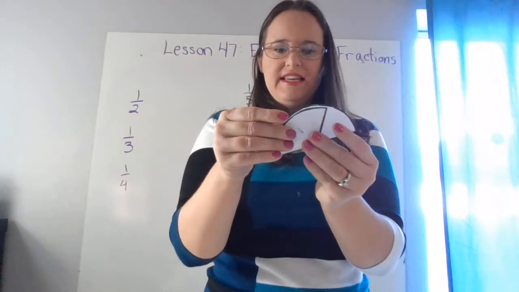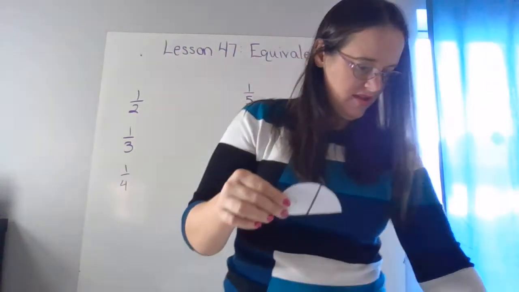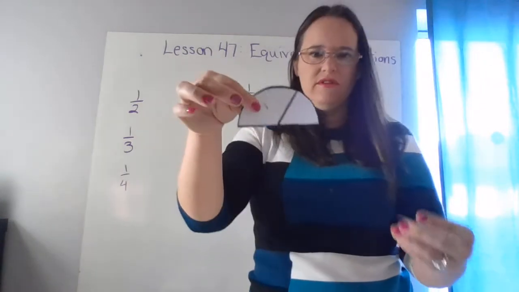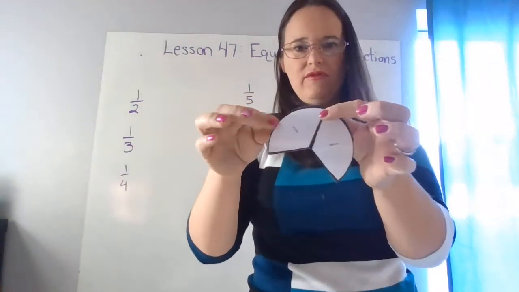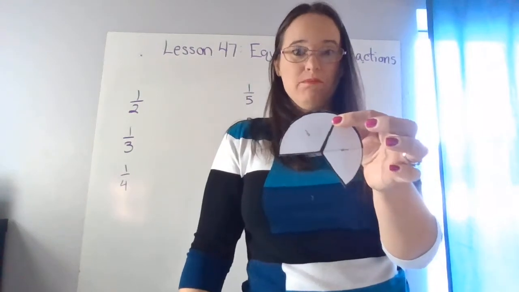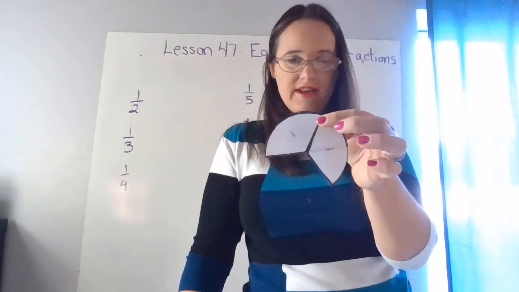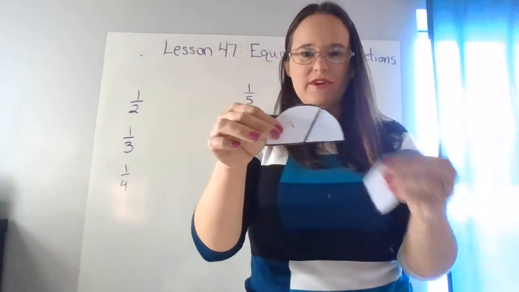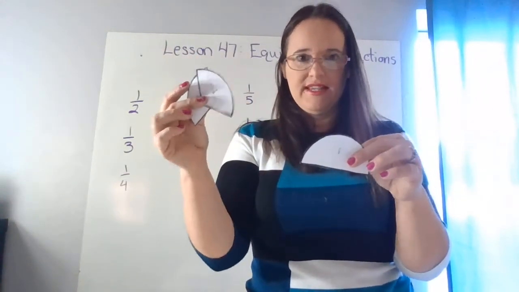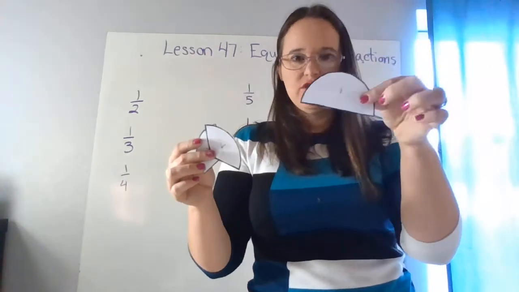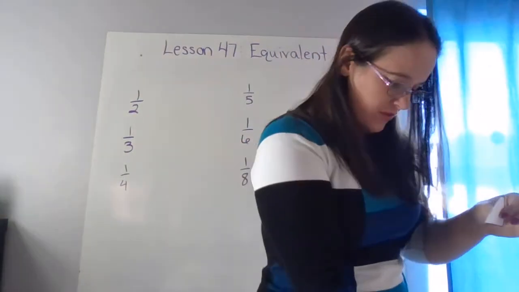Well, if I take another third, can I make them be equal? Let's say I put another third right there. Now you can see that 2/3 is more than, or greater than, 1/2. So that doesn't work either. I can't have any number of thirds and make it equivalent to 1/2. So we'll put the thirds away.